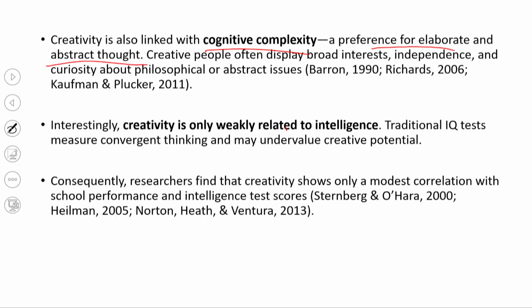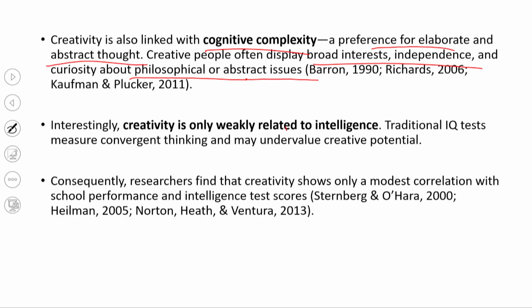So, that gives them more cognitive complexity, and out of that complexity more creativity emerges. Creative people often display broad interests, independence and curiosity about philosophical or abstract issues. Their interests are broader, that is why they can connect different ideas and find novel solutions. They are more curious and more oriented toward abstract thought processes.